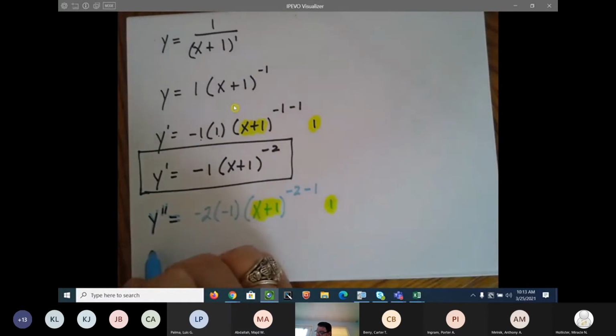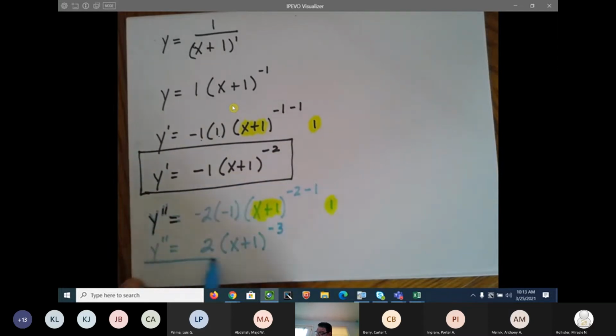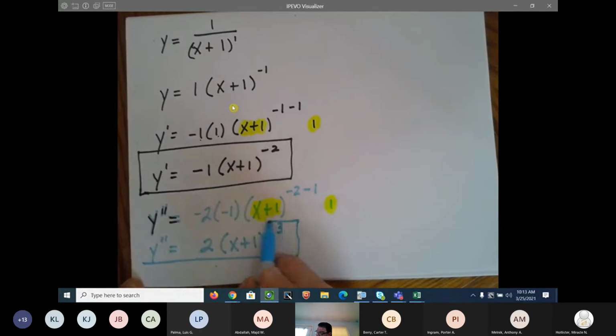And now y double prime is equal to 2 times x plus 1 to the negative 3, and 1 times positive 2 is 2, so that is y double prime.